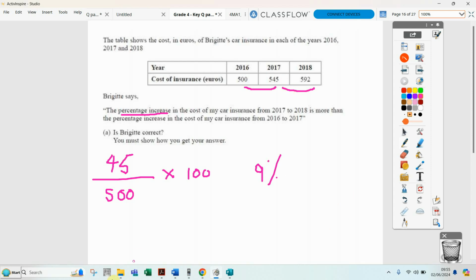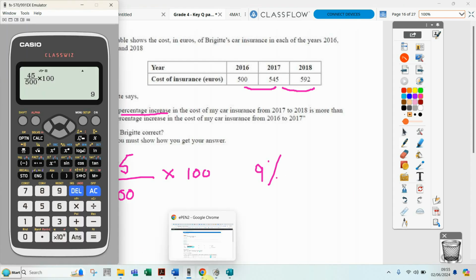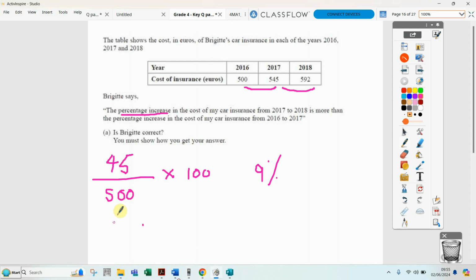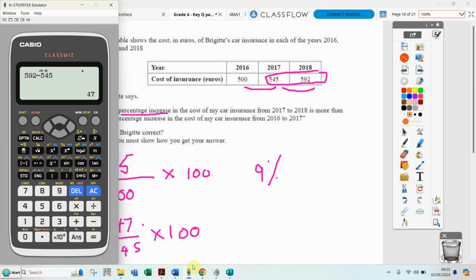And then the difference between 545 and 592 is 47. But remember, the original has now changed to 545 because we're just moving across one. So 47 over 545, and then times by 100, and that is 8.6%.